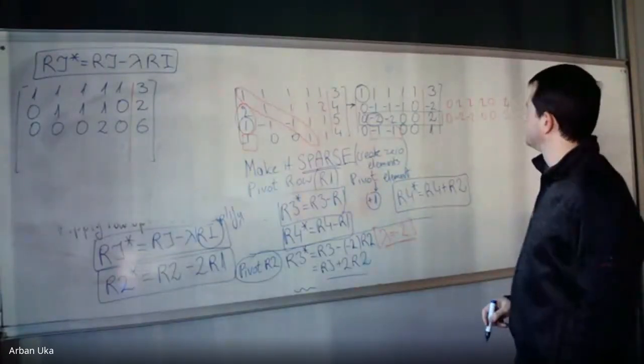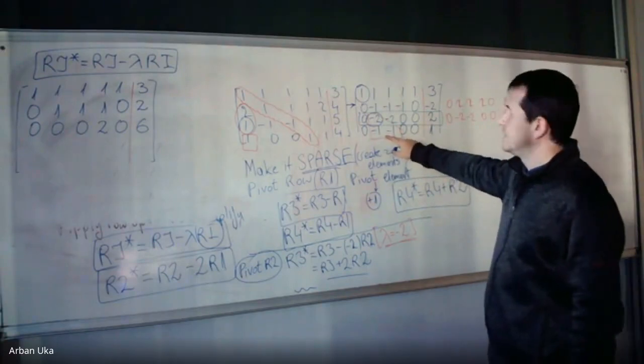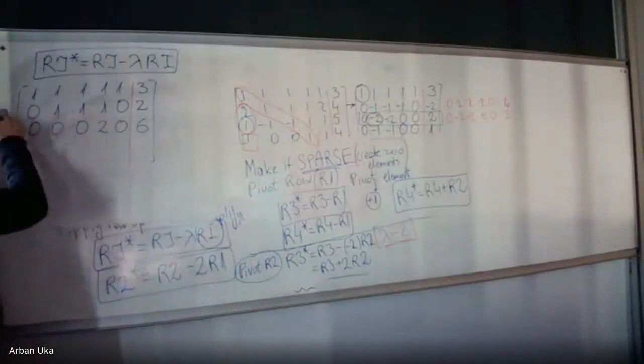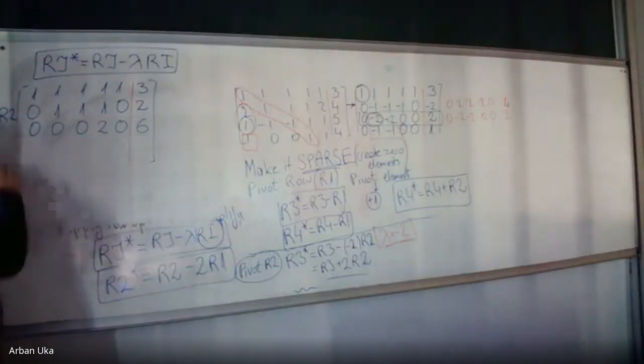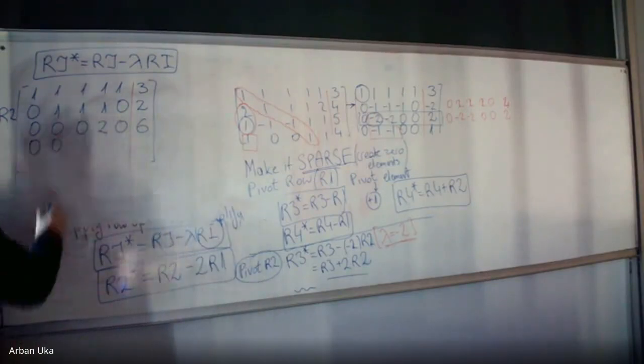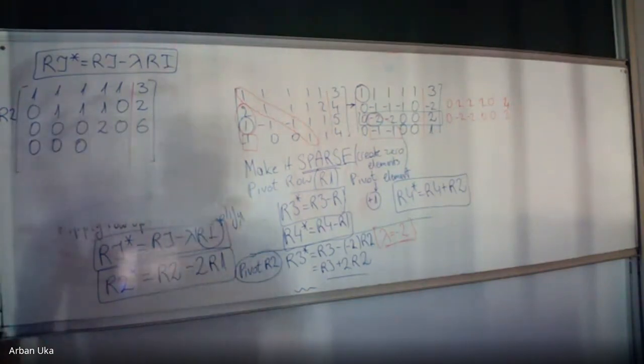So for this, we add this row here with this row here. It can be easy for us to look at this row 2 because this is the pivot now. So what do we get there? This is 0, 1 minus 1, 0, 1 minus 1, 0 again. And what is left?